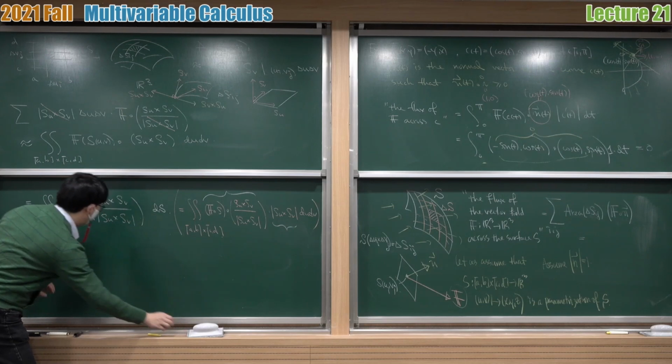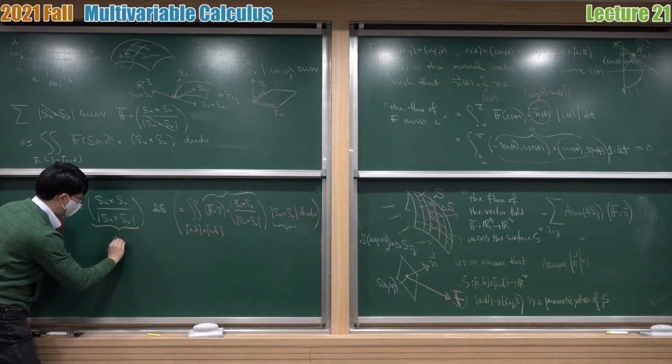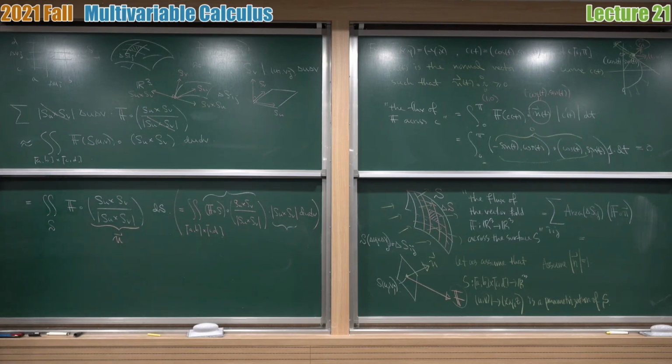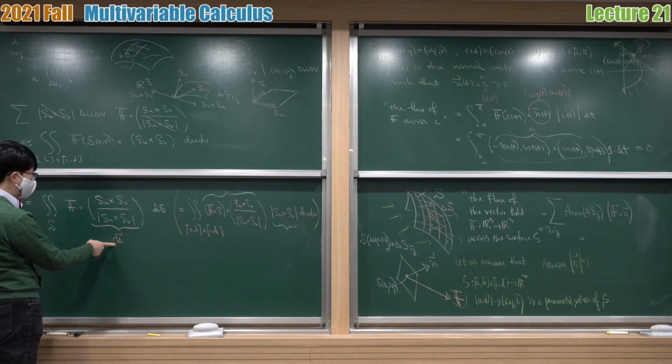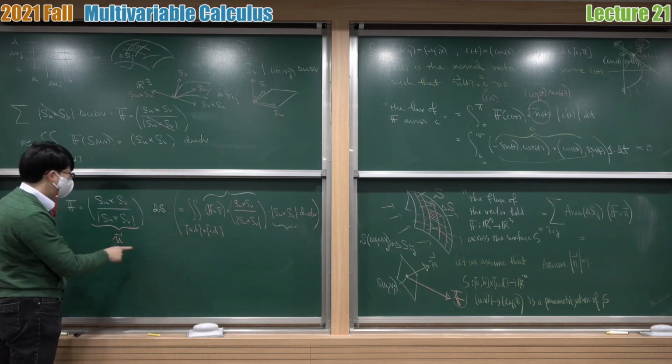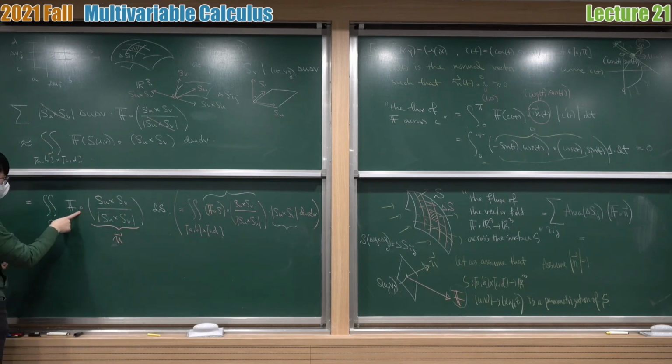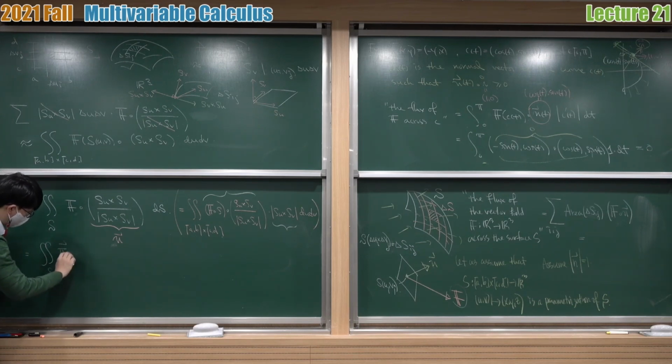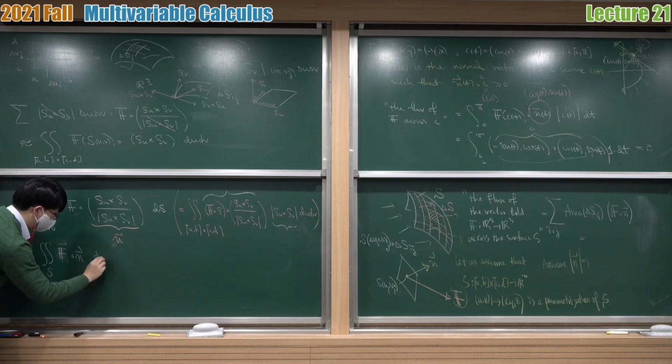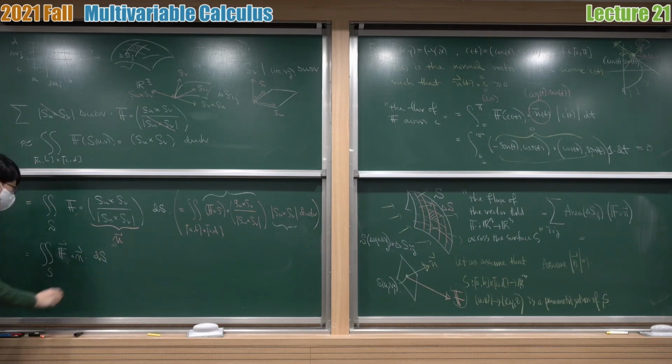If I replace this with a symbol n for simplicity, meaning I take the unit normal vector at every point on the surface and then take the inner product with the vector field F, then this can be written simply as F inner product n times dS.